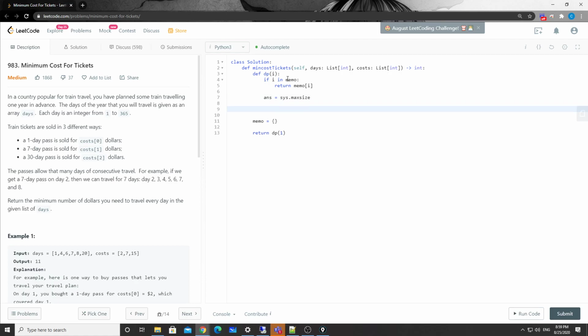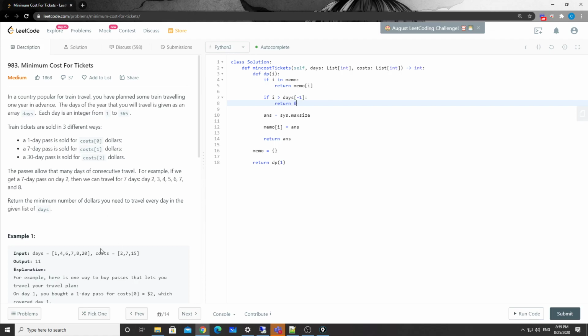Everything I'm writing here is just a template. So what's our ending point? We need a base case, which is the ending point. Basically, if I is greater than the last day minus 1, then we simply return 0.